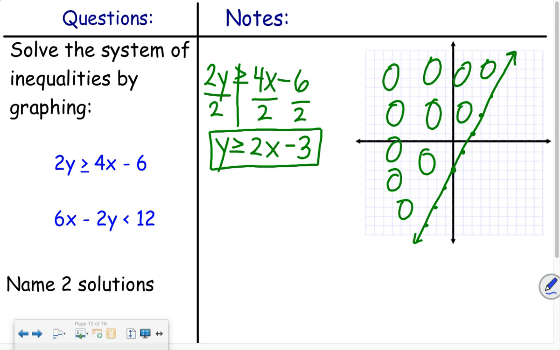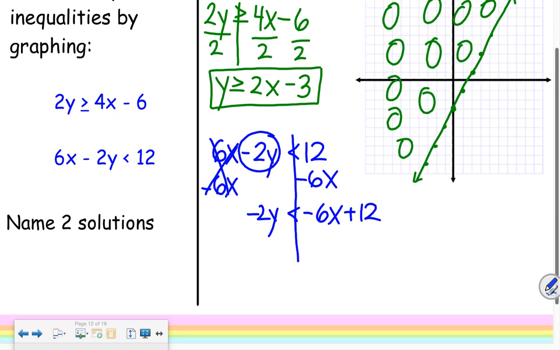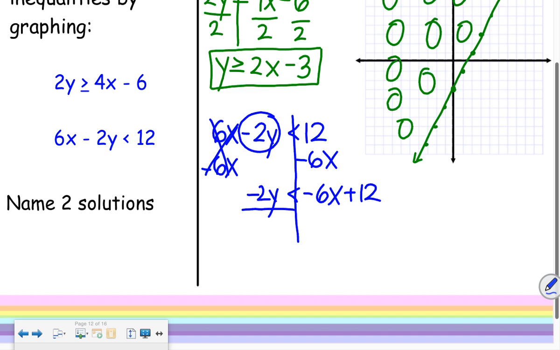All right, second inequality. So -2y is what I want to get by itself, so I'll subtract 6x on both sides. Remember, keep these separate, write your slope first. And then divide everything by -2.